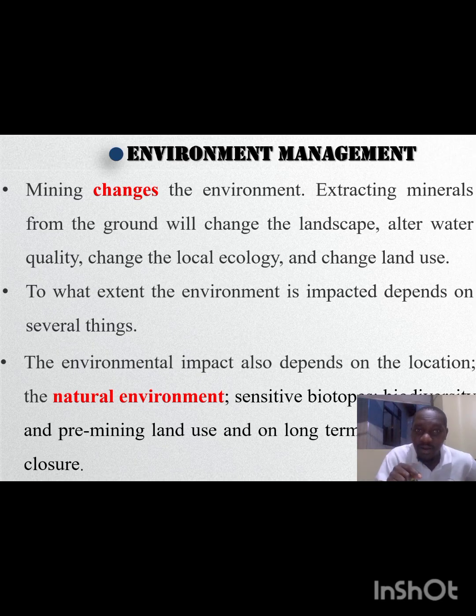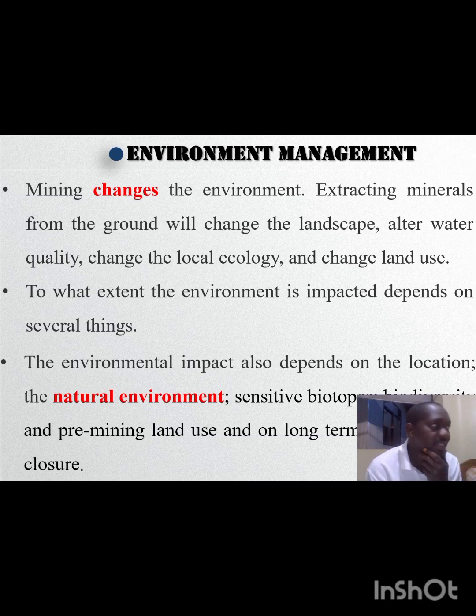Because there we have a wider biodiversity than in a desert. In a desert, you don't have a lot of birds, a lot of trees, a lot of animals. Understand? Let's leave the natural environment alone and talk again about the location.